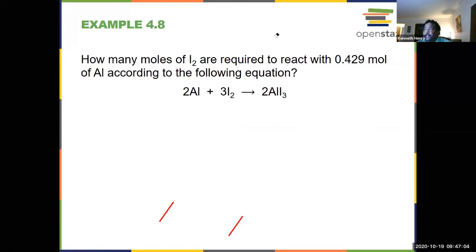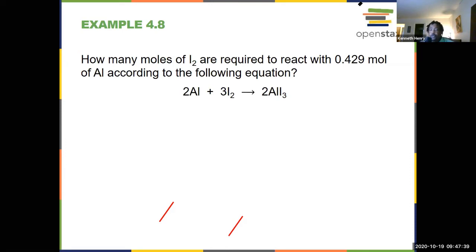Okay, so how many moles of I2 are required to react with 0.429 moles of aluminum, according to the following equation? 2 Al plus 3 iodine gas yields 2 aluminum iodide.